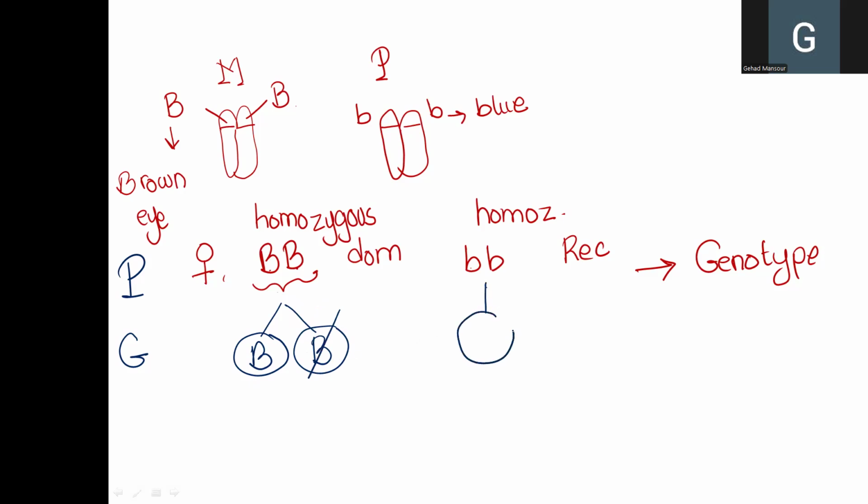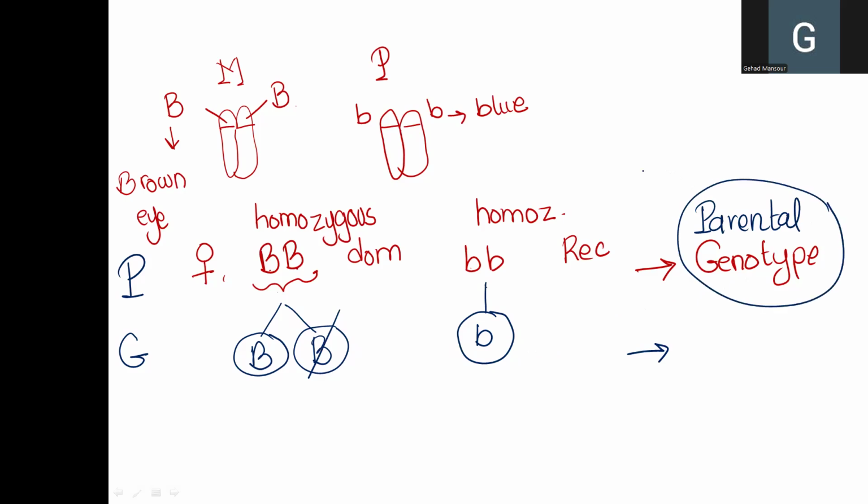Similarly, here we have one possibility for the gametes. So what we wrote here is again a genotype, but here it was the parental genotype, meaning that we were writing the genotype of the somatic cells, the original cells, but here we are writing or representing the gamete genotypes.